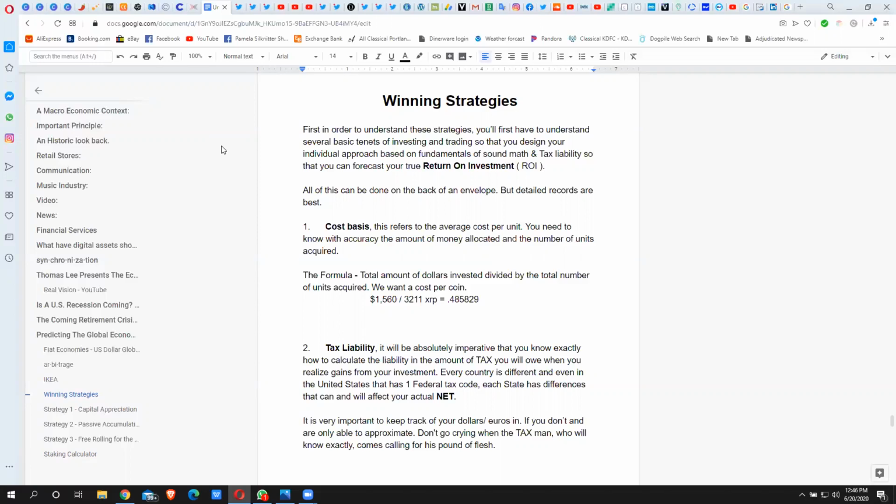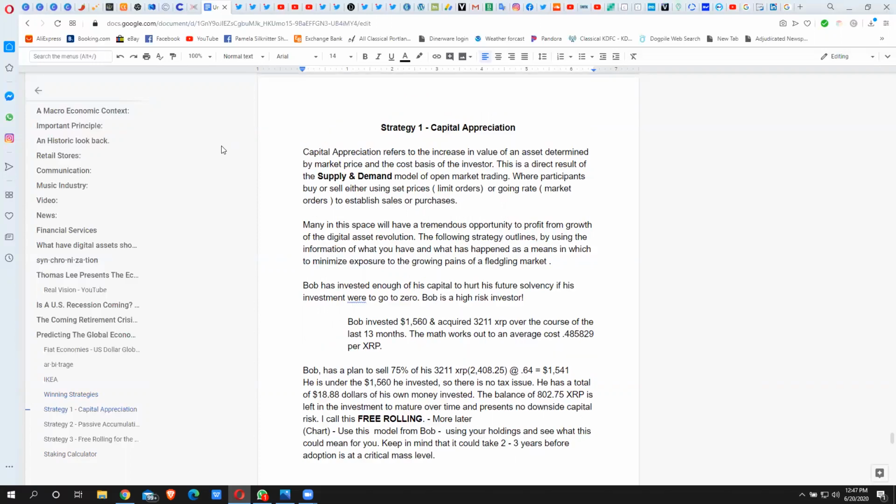It's very important to keep track of your dollars, your euros, your pesos, what have you, that you've put into this market. If you don't and are only able to approximate, don't go crying when the tax man, who will know exactly what you got in there, comes calling for his pound of flesh.